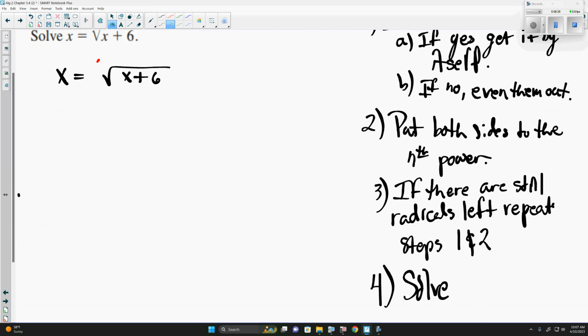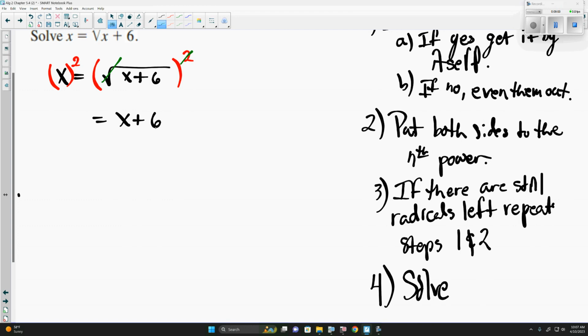We put both sides to the nth power. Now what power are we going to use for this here? Second. And the reason we use this is just like on Thursday. If we look at the right-hand side, the square root and square will cancel out, leaving us with just x plus 6.